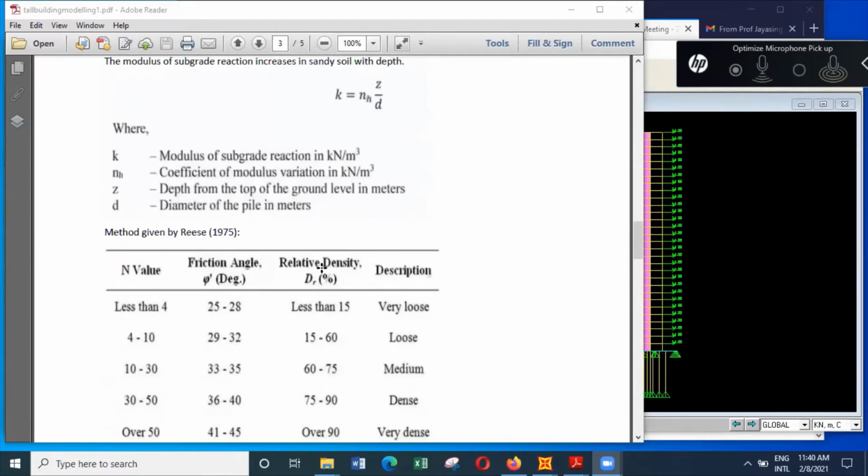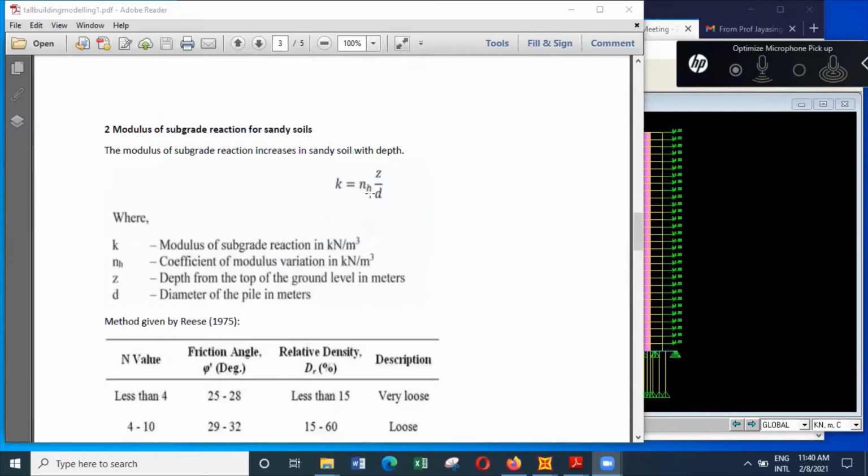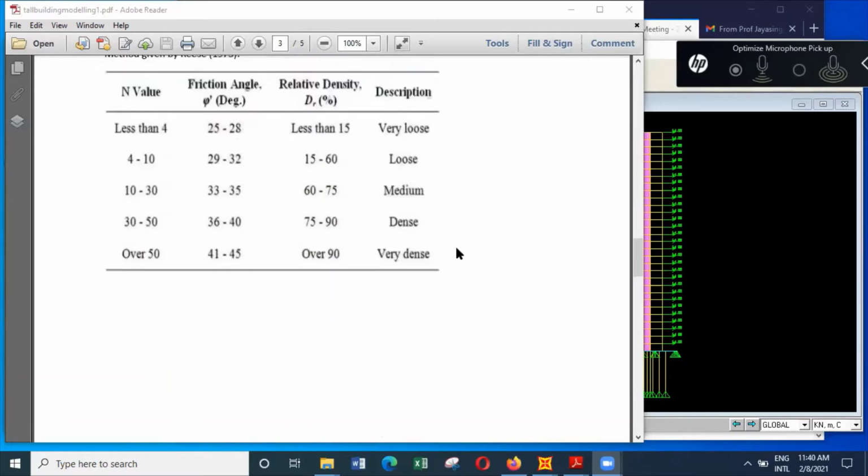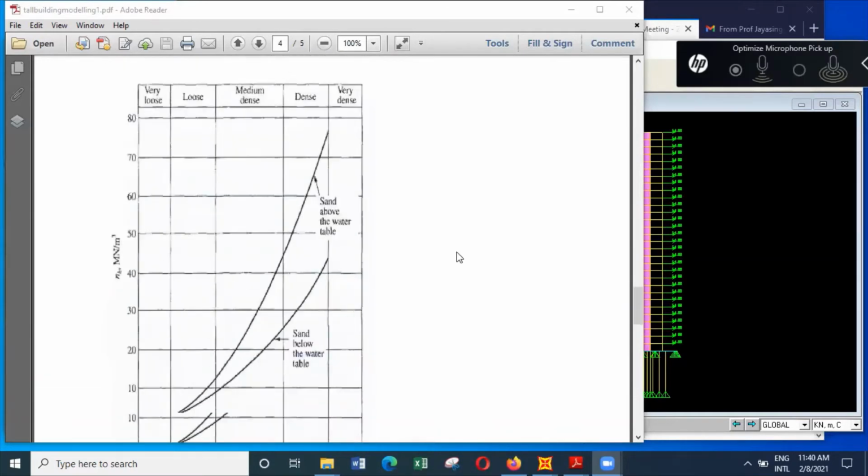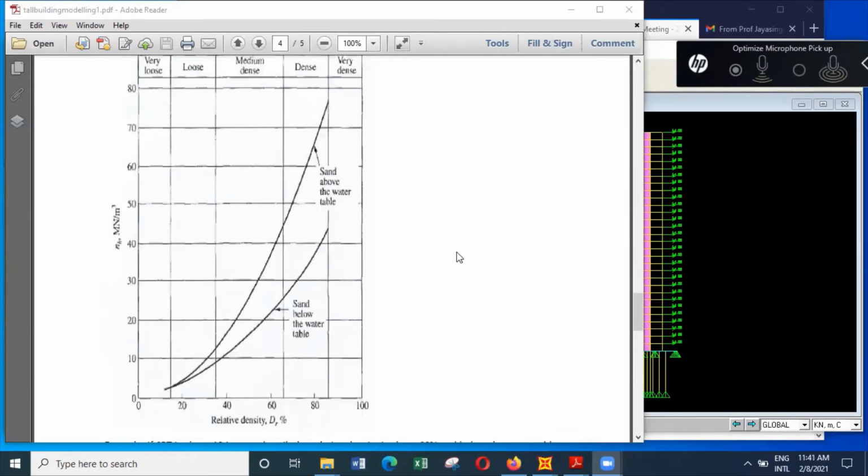So if you get a value of 22,000, then for every 1 meter height, the soil subgrade reaction due to sandy soil will increase by that amount. Every 1 meter height, the spring constant will increase. So you will see that it's not constant in the case of sandy soil.